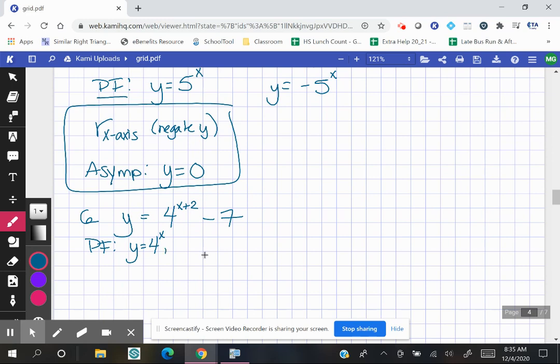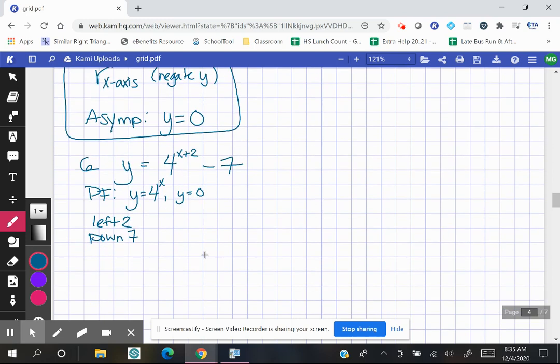Your asymptote of that one would be y equals 0 because we don't have any vertical shifts for the parent function. Now we're going to shift this left 2, down 7. There's no negatives in the front. X is not negative. And our asymptote, we moved down 7, so it's going to be y equals -7.